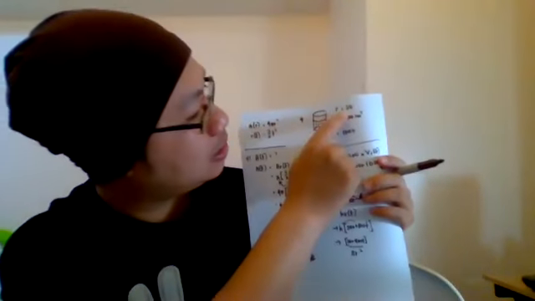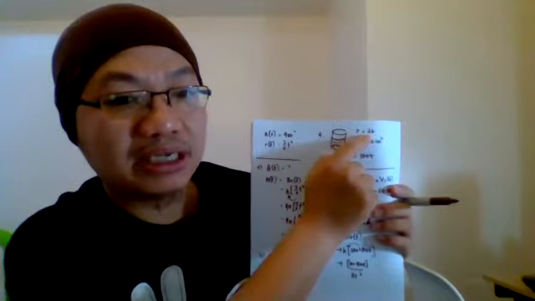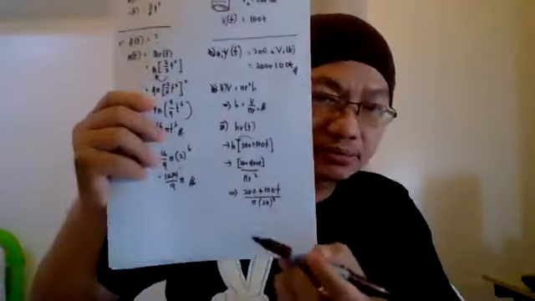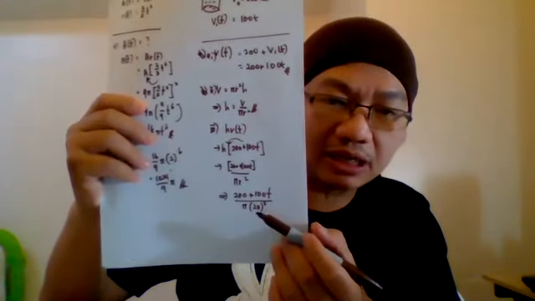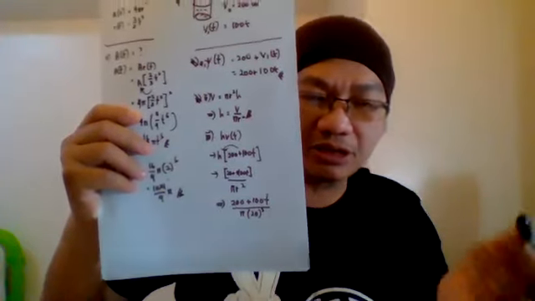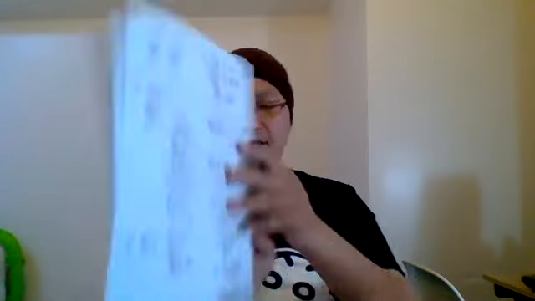R is given as 20. So just replace: 200 plus 100t over pi times 20 squared. This 20 squared equals 400. So it becomes 200 plus 100t over 400 pi.